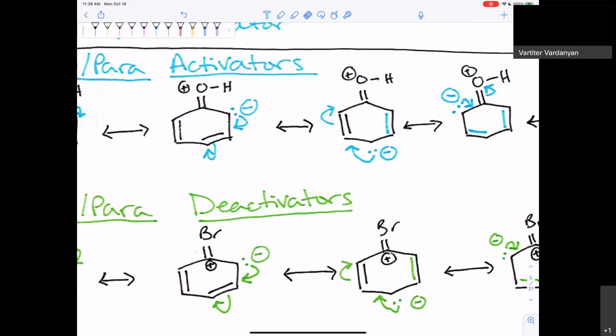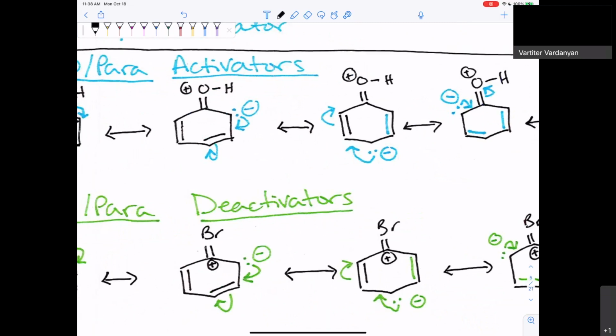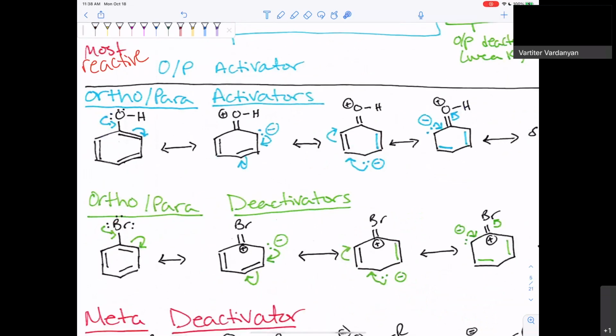Yes, so if I understood your question correctly, you're basically asking, does it matter what this substituent is? And yes, it absolutely does. So any of the electron donating groups that we talked about will do resonance like this. Besides R groups. R groups don't actually donate electrons through resonance.